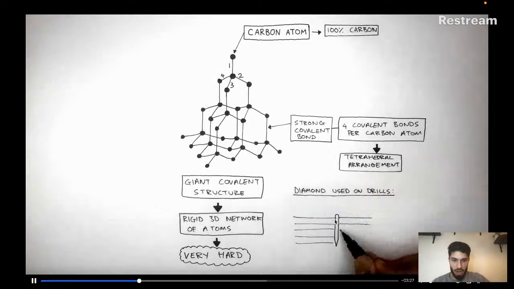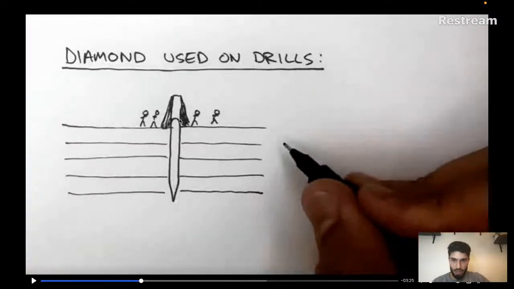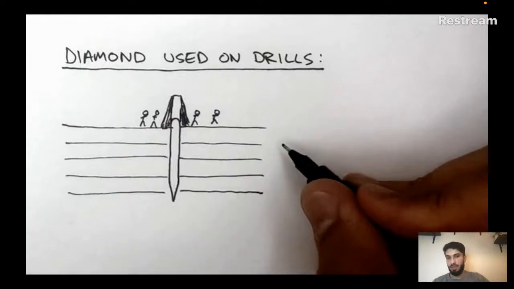So here I'm drawing a simple diagram. This represents a drill, drilling into the Earth's crust. Here are the people managing this. And what happens is there's a lot of friction against the metal and the hard rock, which causes the metal on the drill to bend.